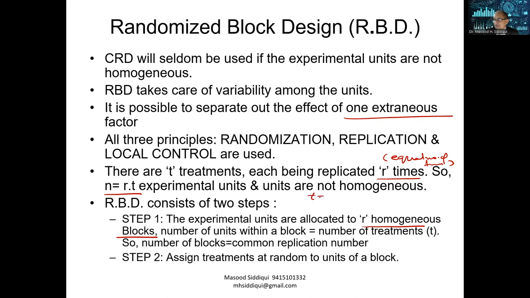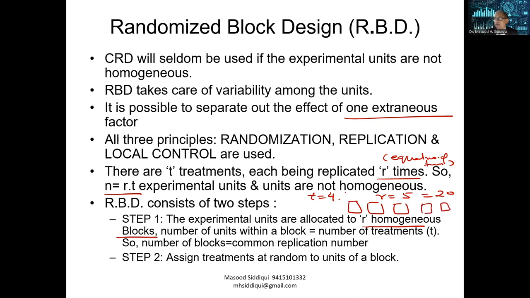Suppose the number of treatments is 4 and the number of blocks is 5. So we require 20 experimental units. The number of blocks is equal to the common replication number, so we have 5 blocks.